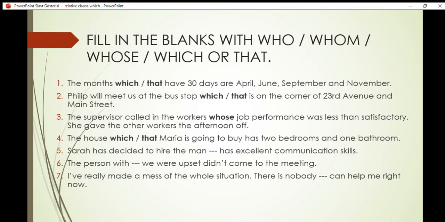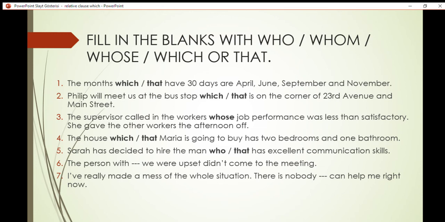So let's read the rest of the sentence. Has excellent communication skills. So we're talking about it as the person doing it, so not possession. That's why we say who or that. So Sarah has decided to hire the man who has excellent communication skills, or that has excellent communication skills.